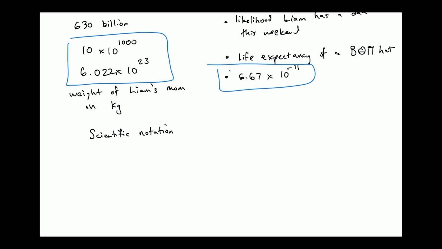Okay. Let me write them back down again. I want to contrast. It's actually perfect that you gave me these. We came up with these three. What's different about the first two, the 6.022 times 10 to the 23rd and the 6.67 times 10 to the minus 11, versus the 10 times 10 to the 1,000?